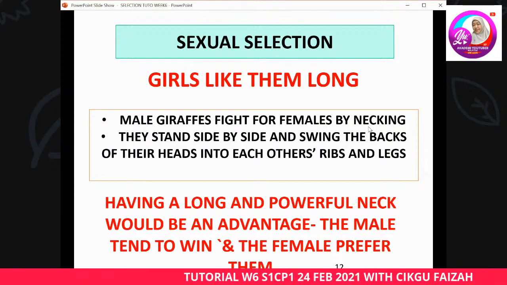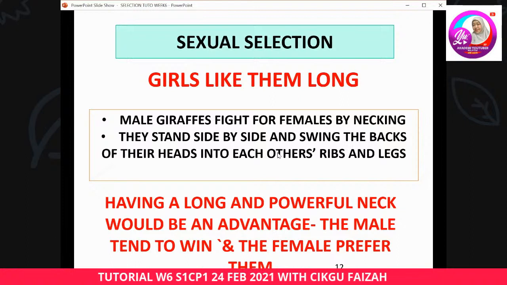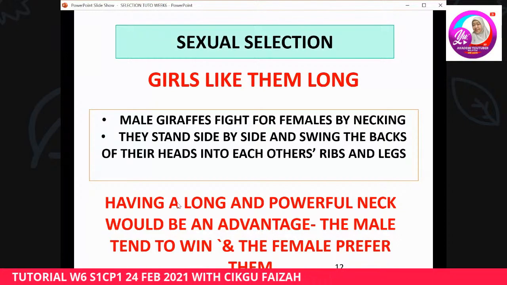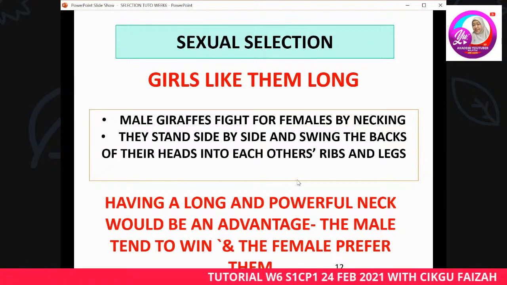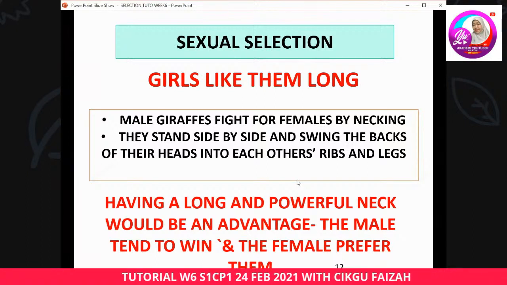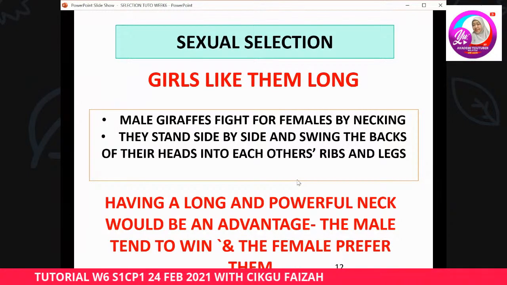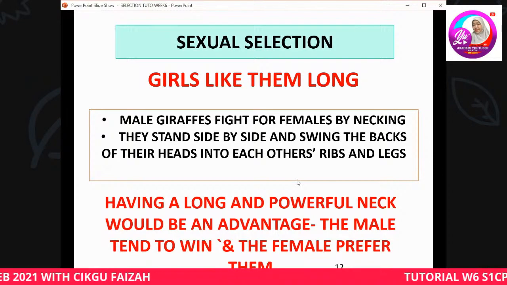So the male giraffe which wins, with a long and powerful neck, has an advantage. So of course, guys, the female will choose, or favor, the male that wins the competition. Of course, I think that's nature, right?